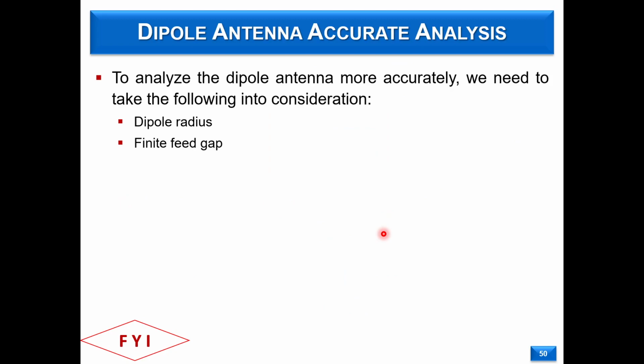Okay, and here are some points to read, which I marked as for your information, about how to analyze the dipole antenna. When we're dealing with a dipole antenna, we're assuming it's a wire without thickness, and we are neglecting what is happening at the feed gap, the separation between the two arms at the input of the antenna, and those two things affect the performance of real antennas.